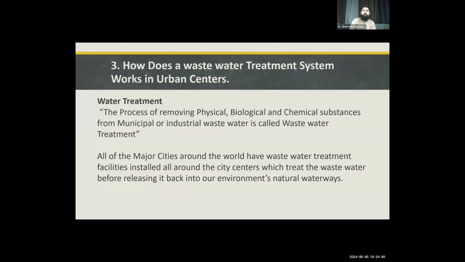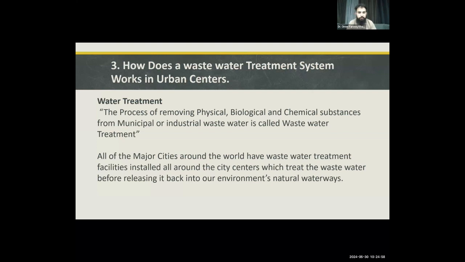So how does a wastewater treatment system work in an urban center? The process of removing physical, biological, and chemical substances from municipal or industrial wastewater is called wastewater treatment.